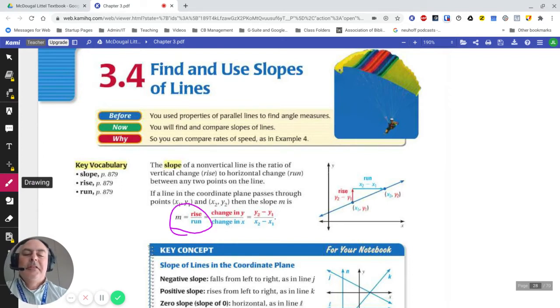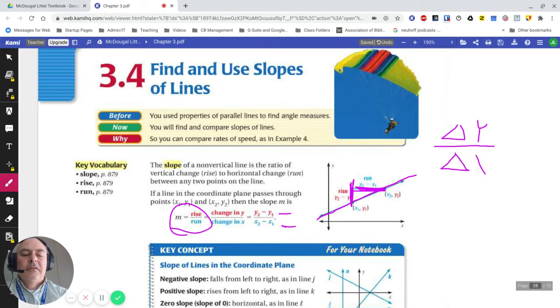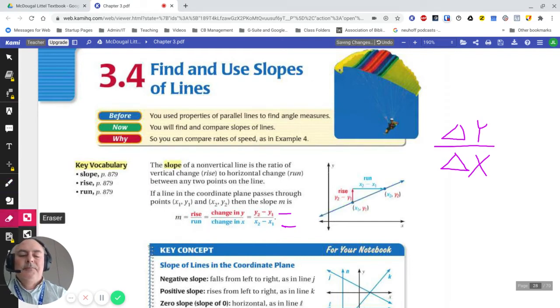The reason it's considered rise over run is because I've got my change in my y value, which is my rise, and my change in my x value, which is my run. And when I'm able to calculate that, I know what my slope is. You may also hear this at times called delta y, which is change in y, over delta x, change in x. That's how I calculate the slope.